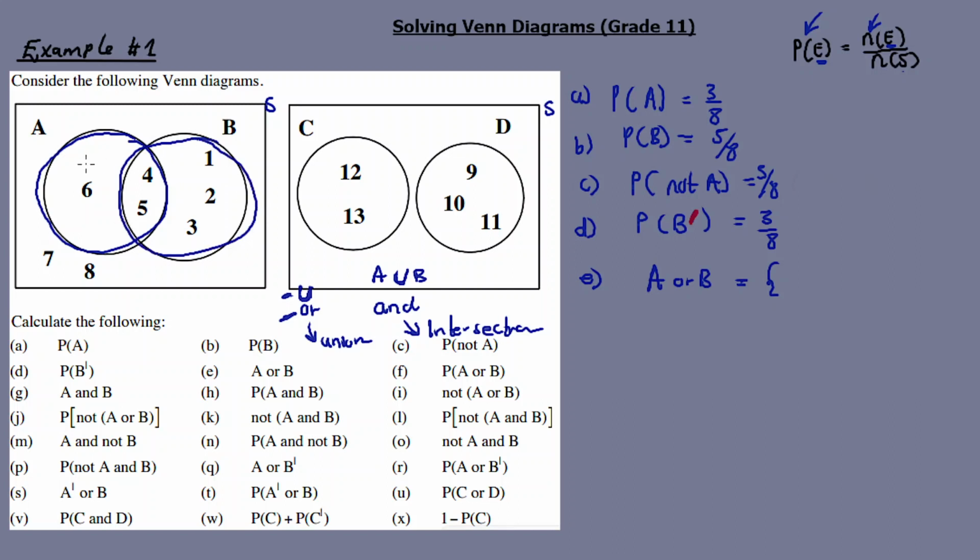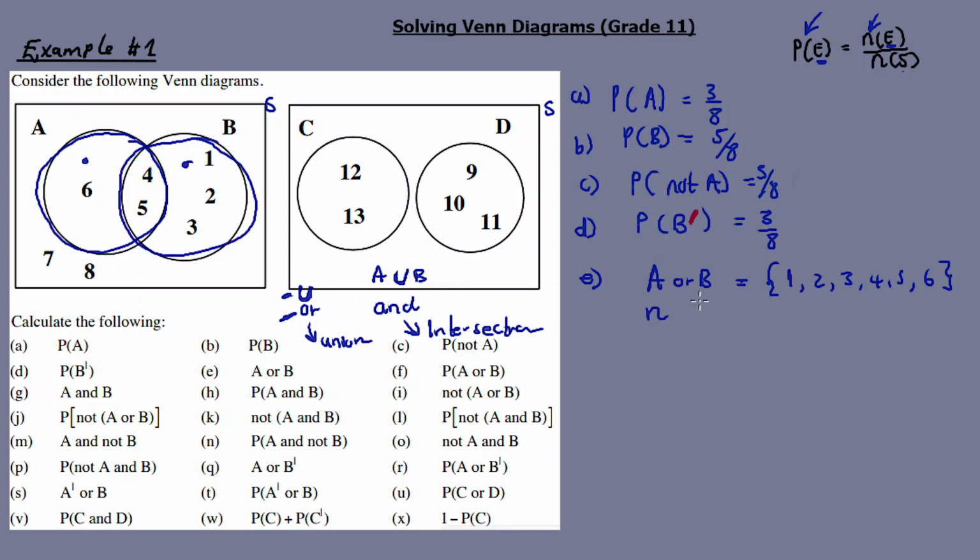Now, A or B is the union between the events A and B. This is the union. Everything you find in A and in B, we find in A or B. So we have 6 outcomes. So 1 2 3 4 5 6. So we just list them, 1 2 3 4 5 6, like this.